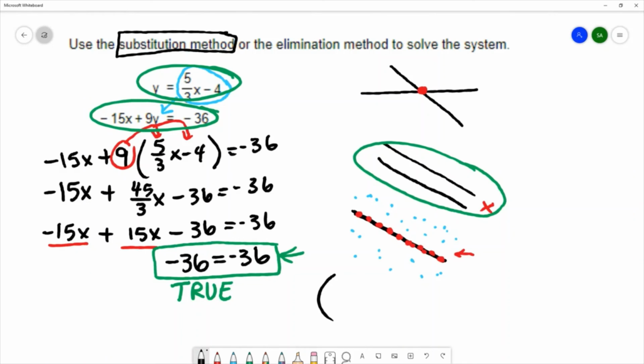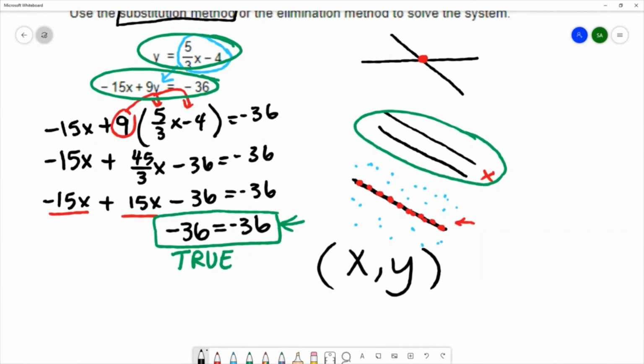So we typically write ordered pairs like this, x and then y. What we're going to do is use this equation right here, and replace the y. Leave the x, we'll replace the y with 5/3 x minus 4. So all of the ordered pairs must follow this pattern. We can choose the x, and then the y must follow that pattern, 5/3 x minus 4.